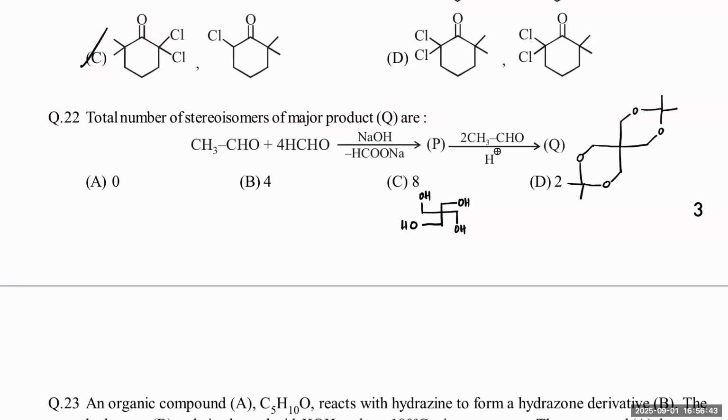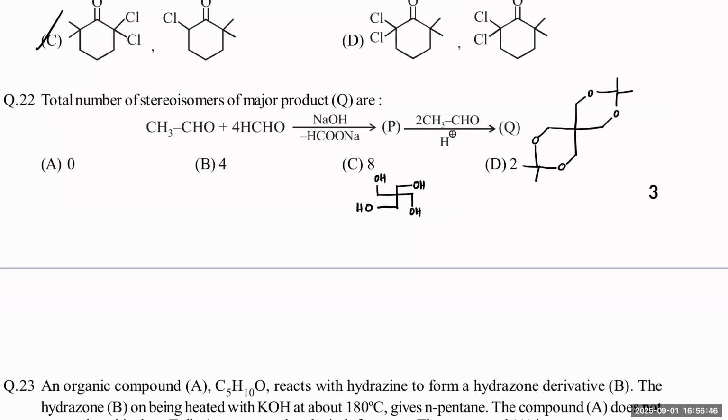Now, this is some kind of a spiro ring. This is a spiro ring, correct? One spiro ring is like this. If this part is completely coming out of the plane here, imagine, then the other ring should be on the plane like this, correct?